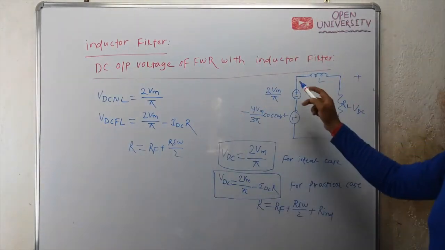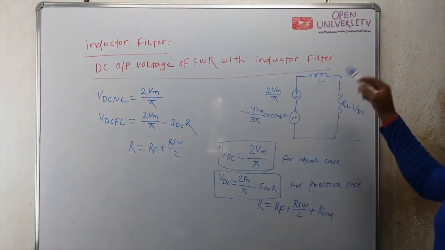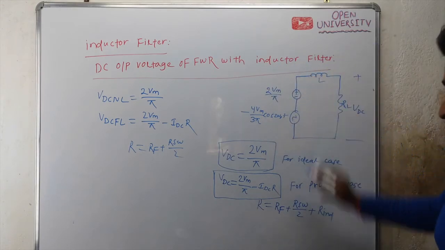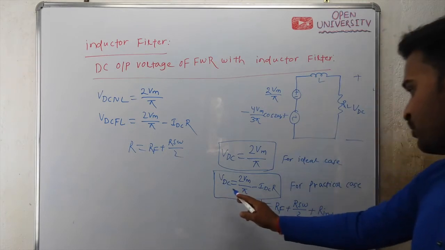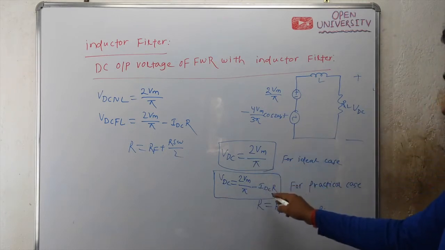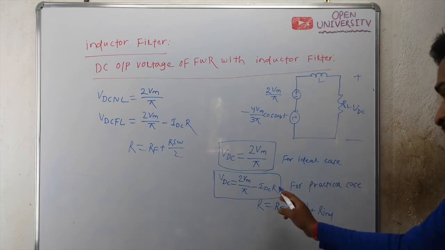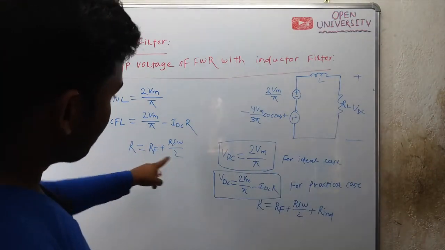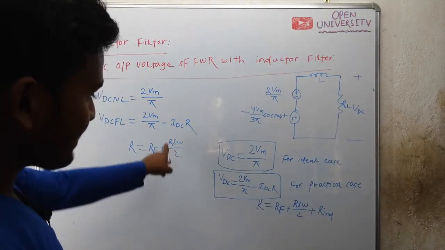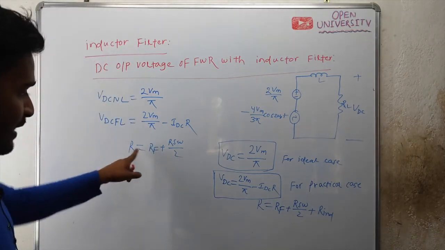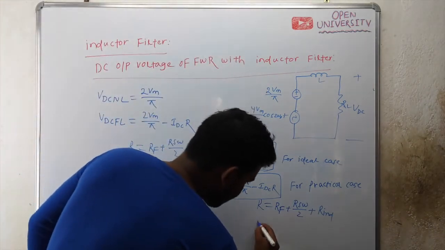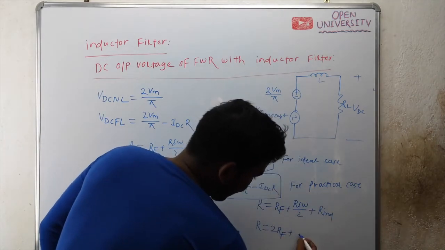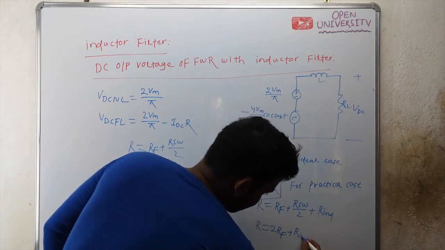If you connect a bridge rectifier with an inductor filter instead of a center tapped rectifier, the DC output voltage formula will be the same, in both ideal and practical cases, except this R will be changed. In the center tap full wave rectifier there was an RSW term, but in the bridge rectifier there is no RSW term, and R will be 2 times RF plus R of inductor.